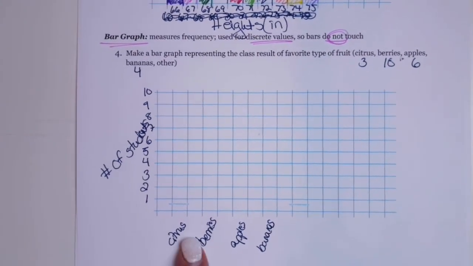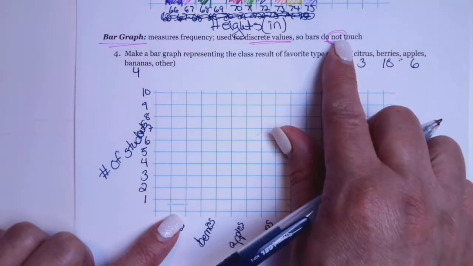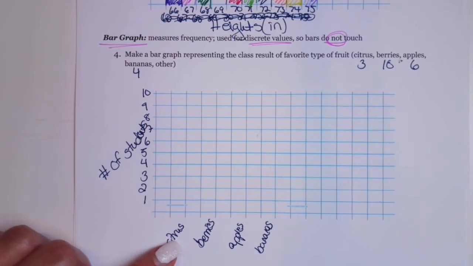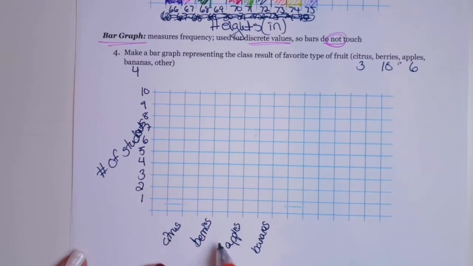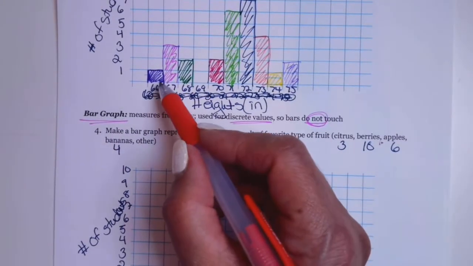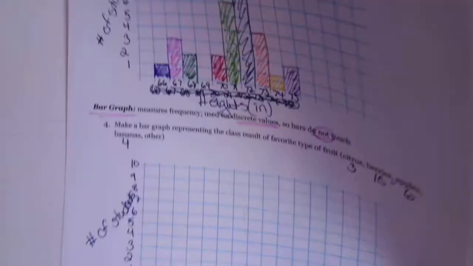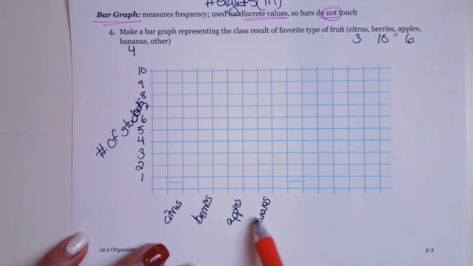Notice that I did every other space because the bars do not touch. These are all discrete values. They are separate from each other. There's not a combination of citrus berries. Well, there might be nowadays, but we're talking about different ones. With a height, you can be in between 66 and 67. Here, you're not in between a berry and an apple, or between an apple and a banana.